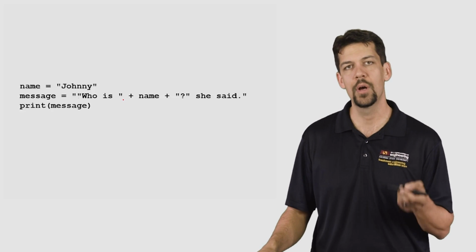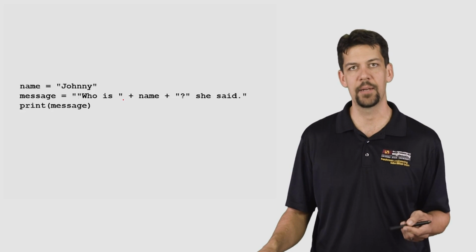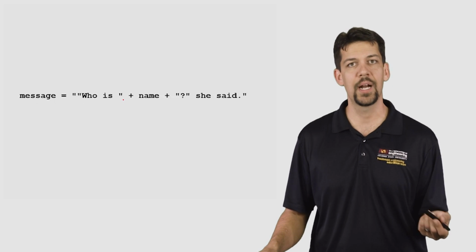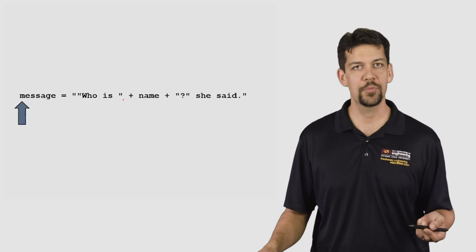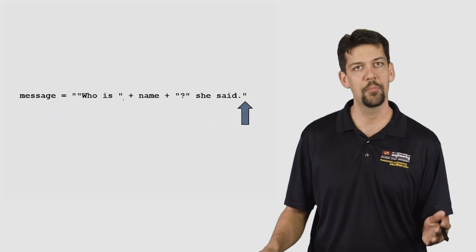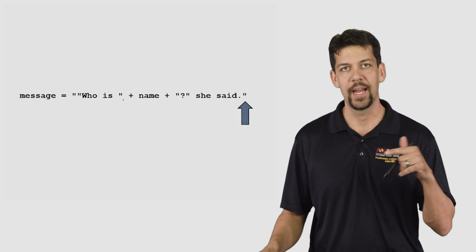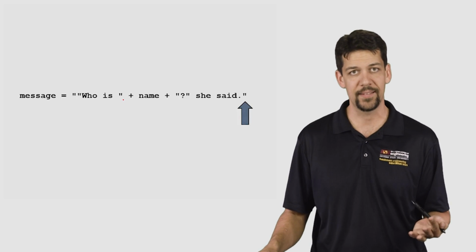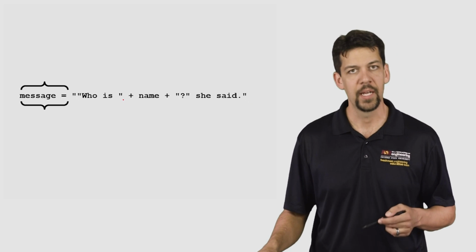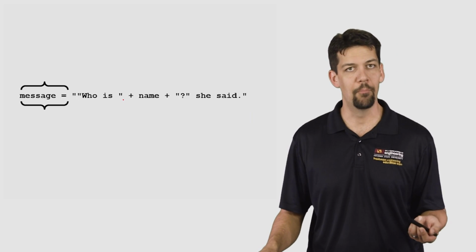So let's look at how Python processes these statements to really get an idea of what's going on. When Python processes a statement like this, it always processes it directly from left to right. So it starts at the beginning of the command, runs to the end of the command, and does each of the pieces as best as it can. So let's look at what Python is thinking while it's doing this. It starts out with message equals.